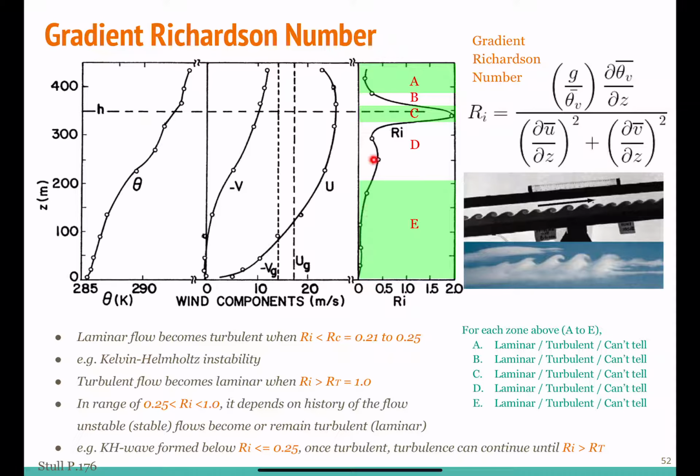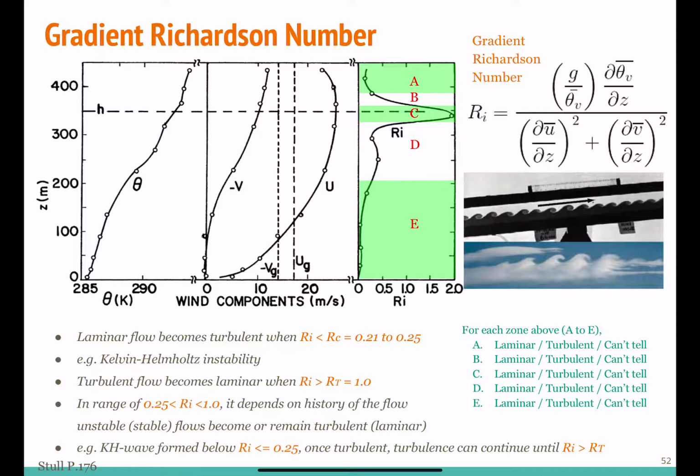So you can see the region in here where laminar flow will become turbulent. The turbulent flow becomes laminar when it's larger than 1.0. So even if you have turbulent flow, if your gradient Richardson number is very large, like the region here, then the turbulent flow becomes laminar, and there's very little turbulence happening in this zone.